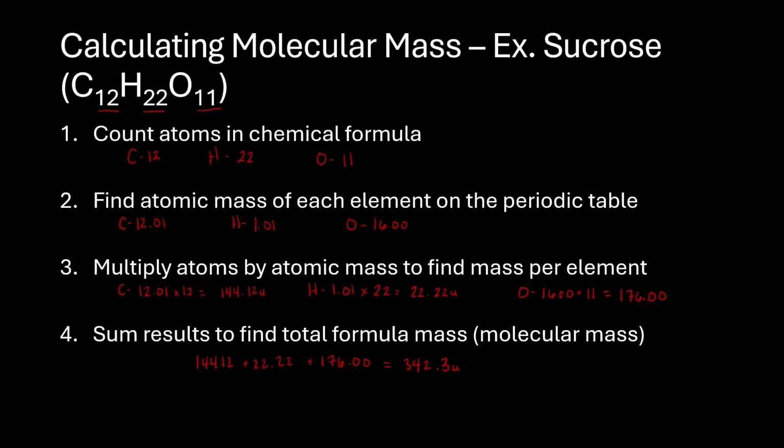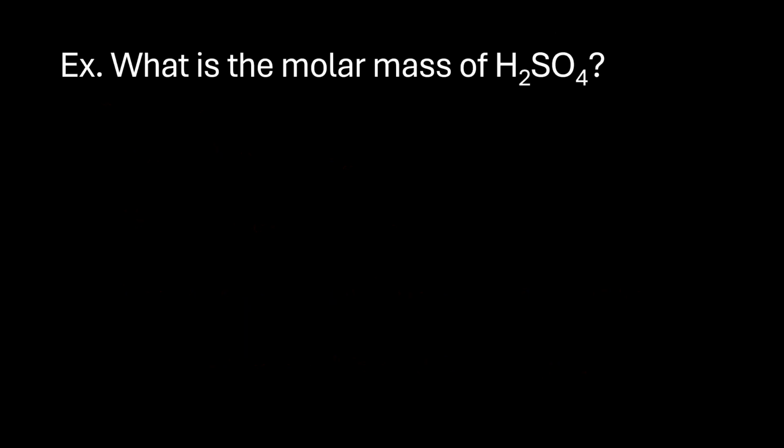We could also label this as 342.3 grams per mole. It just depends on what the question is asking you in terms of what units you're going to use. So here's another example.